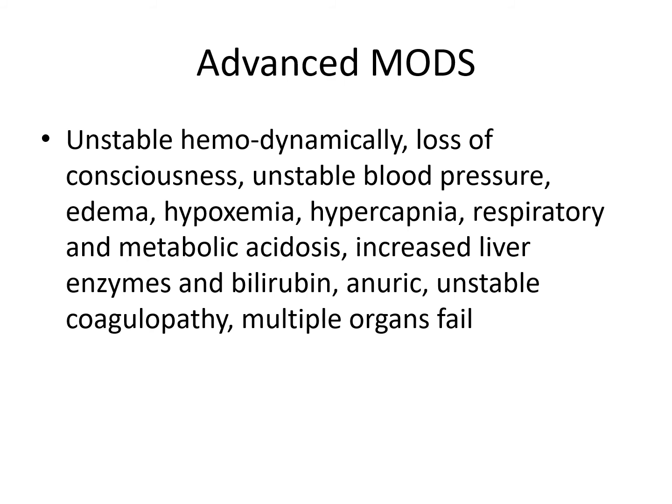As their multi-organ dysfunction syndrome advances, patients become hemodynamically unstable. They have a loss of consciousness. Their blood pressure is unstable. It is extremely low. Their MAP, mean arterial pressure, is not adequate enough to sustain life. Their edema worsens, hypoxemia and hypercapnia worsen.